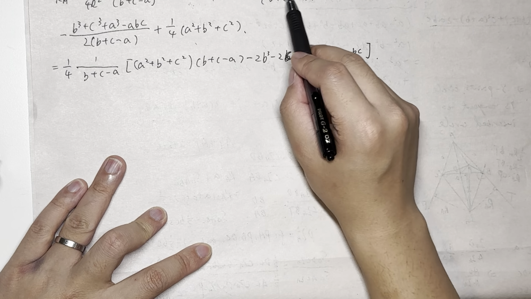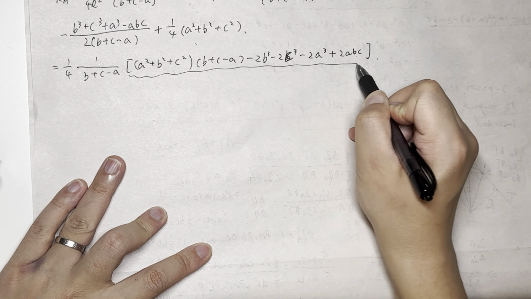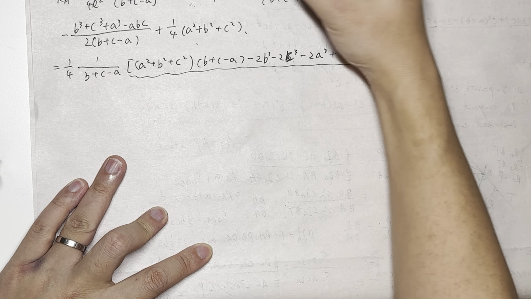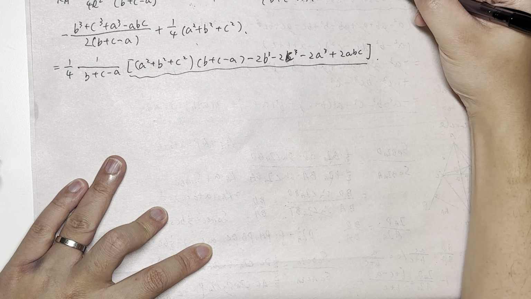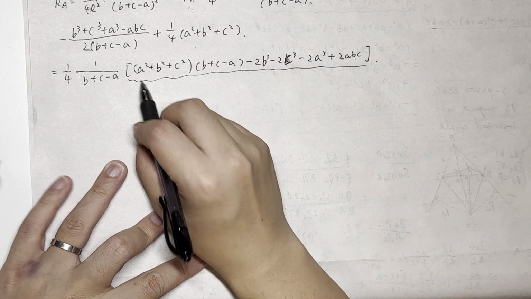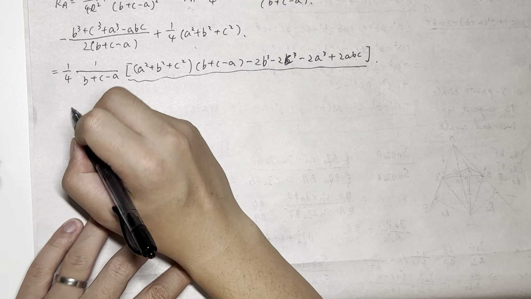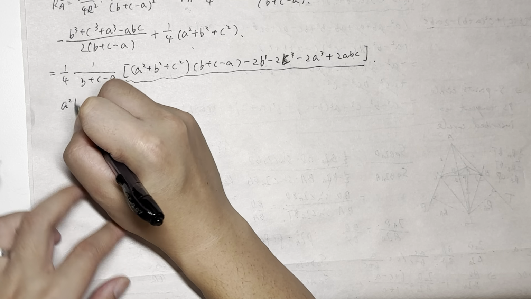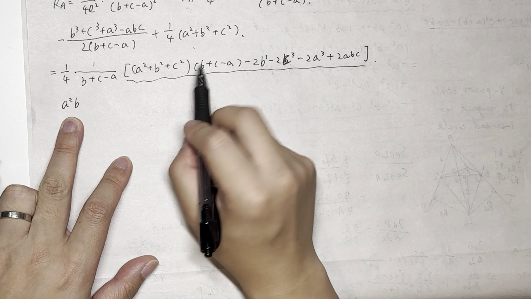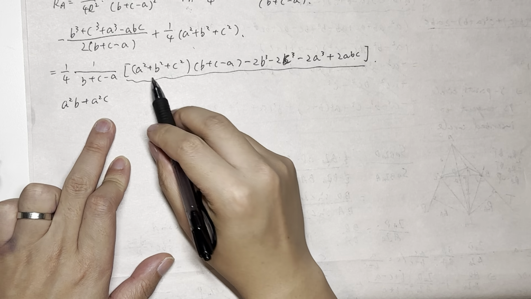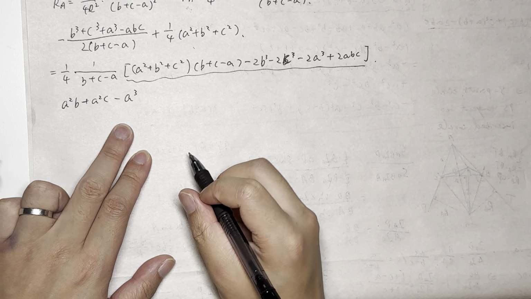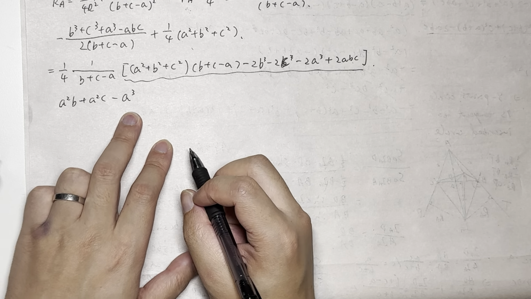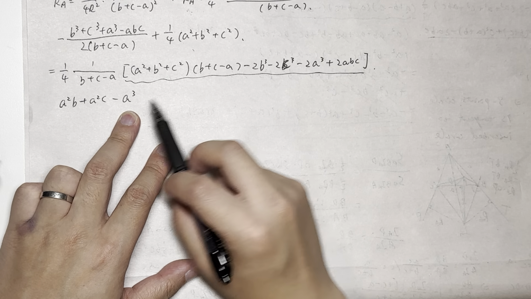Look at these two terms. We just need to prove this one equals this one, right? So inside would be A squared B plus A squared C minus A to the power 3, right?